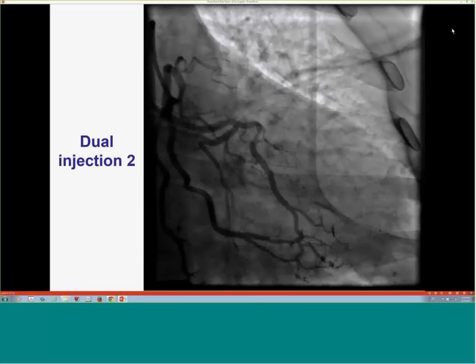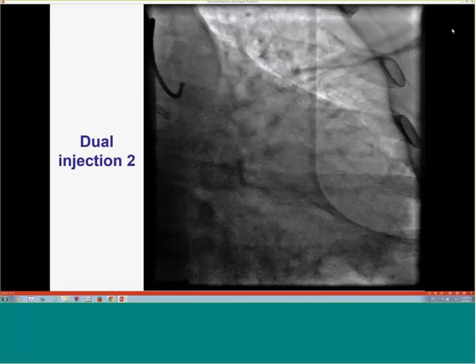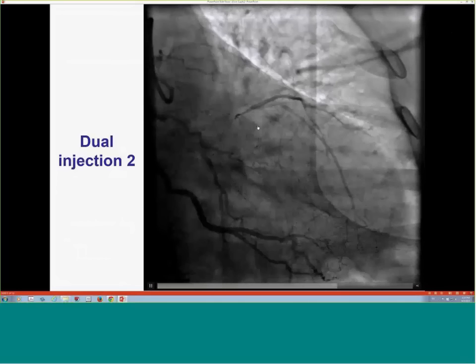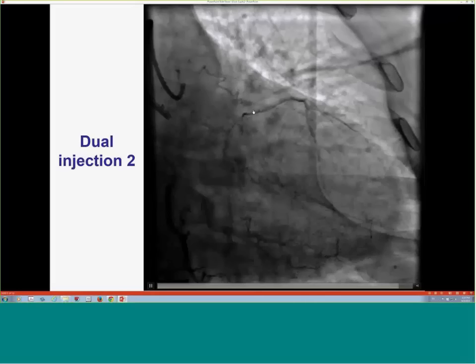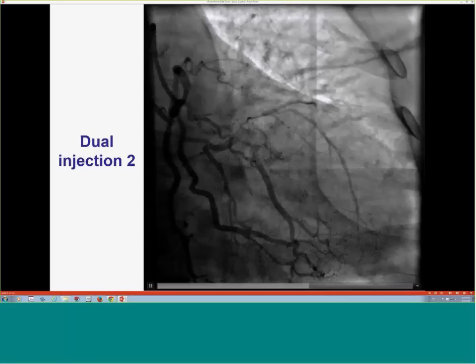Different views. Try to open up the proximal cap if you understand where it is. And in these particular views, it looks like there may be some sort of microchannel that is coming from the mid LAD all the way to the proximal.